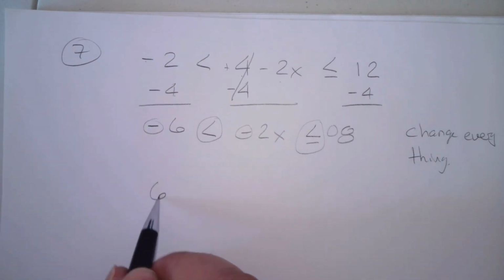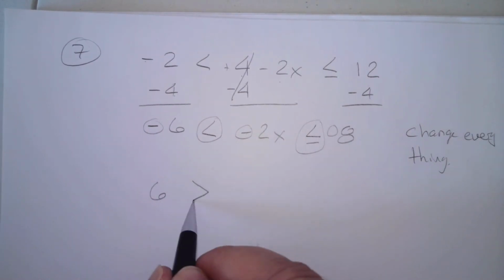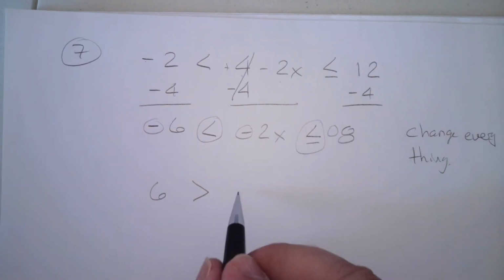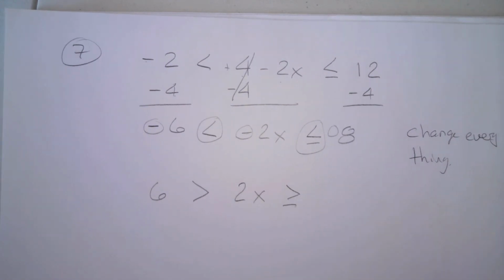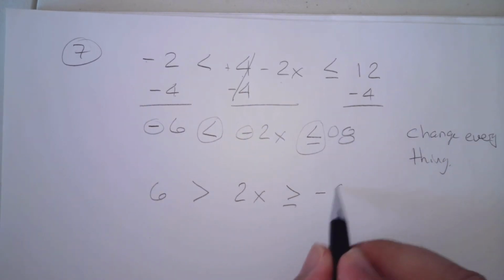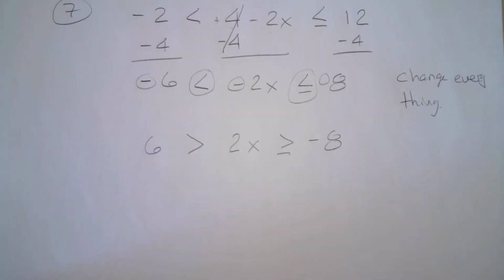So it becomes a positive 6. That one switches the direction. That becomes a positive 2x, switches direction. And that one becomes a negative 8. So you see, when we just change the signs, everything just changes directions and changes everything.